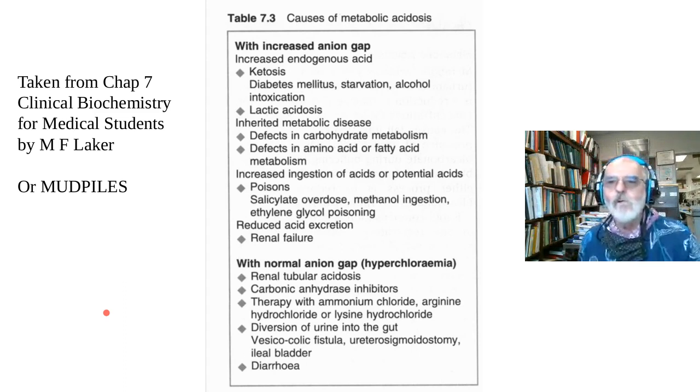Now, what other kinds of processes might be messed up, and what can we say about that? One of the ways that we talk about this is with and without an anion gap.